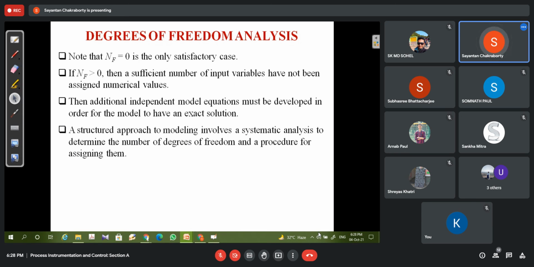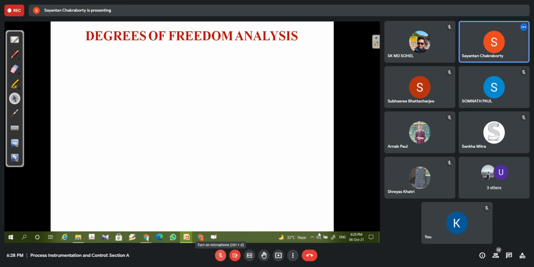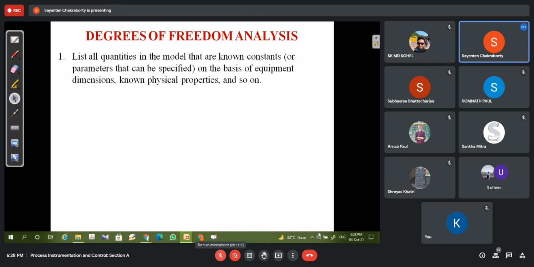Okay, so we'll see how a structured approach of modeling can be done based on this degree of freedom analysis, and at the end of the day, we can achieve a unique solution to any given problem by this approach. So first, what are the steps that you have to follow?